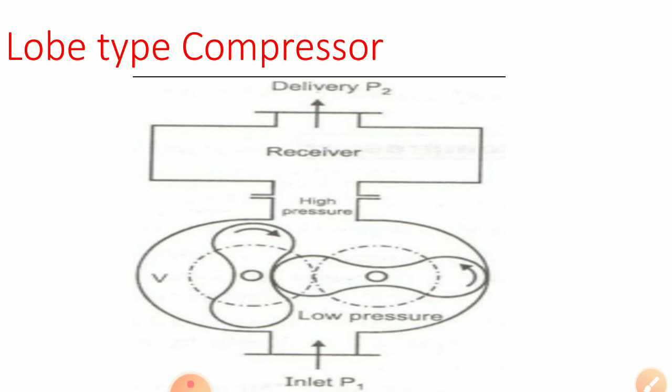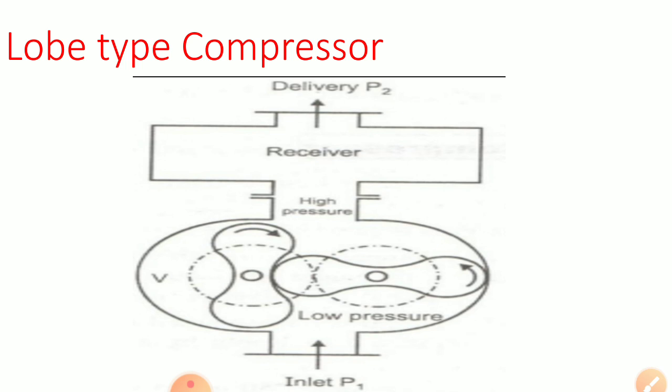When the air is taken in from the atmosphere at atmospheric pressure into the casing where the lobe arrangement is there, the air is trapped in between the two lobes and between the casing and one of the lobes.